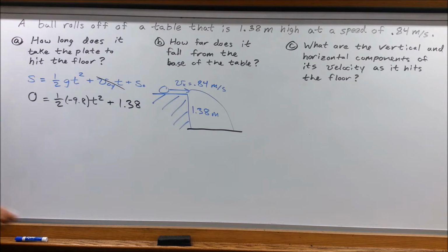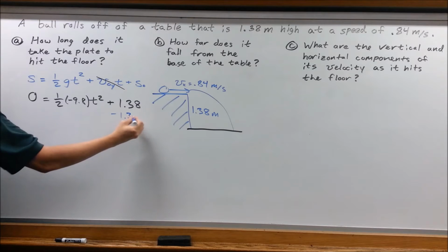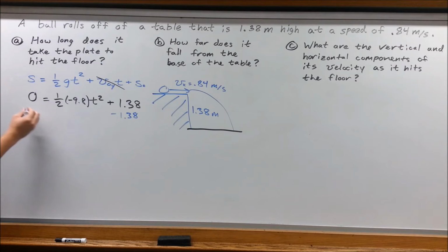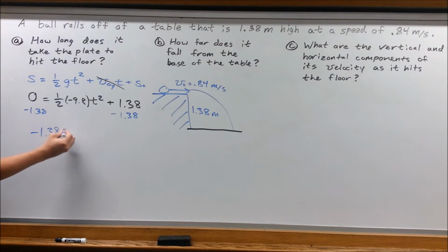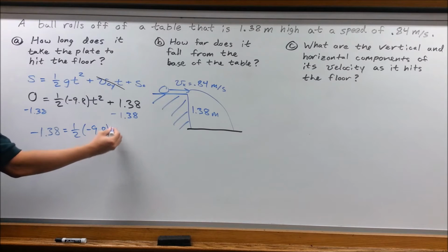So we solve this equation. Minus 1.38, and we are going to divide by this. So we have t squared, or negative 1.38 equals 1/2 negative 9.8 t squared.